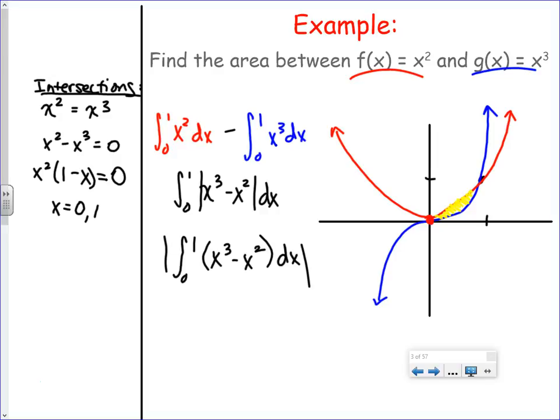Zeros. Check for zeros. Wait, how would this be a zero? If they equal each other. If you've already found your intersections, guys, there are no intersections in between the intersections. We already found the only possible ones, so therefore it's a nice trick. Since we've already found the intersection, pull it out. Solve.